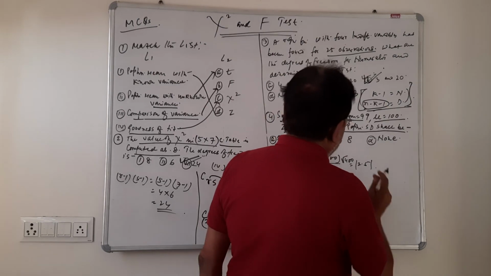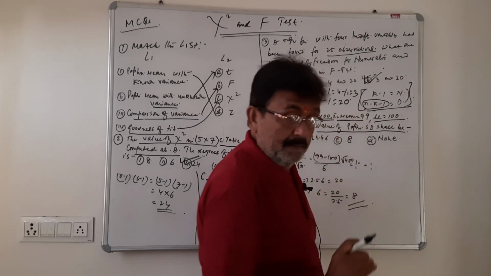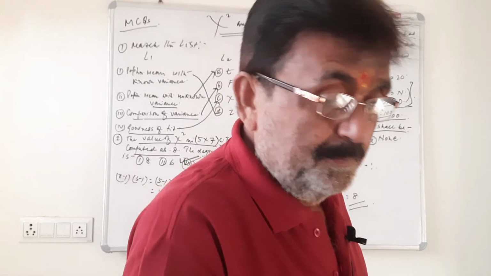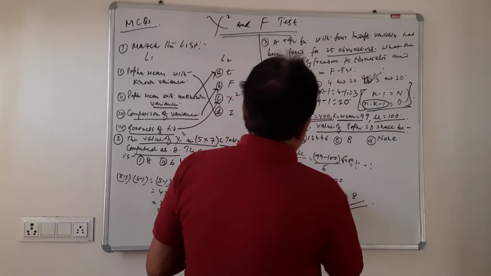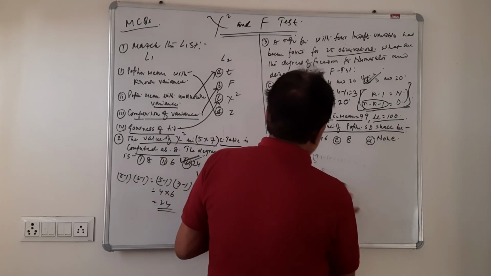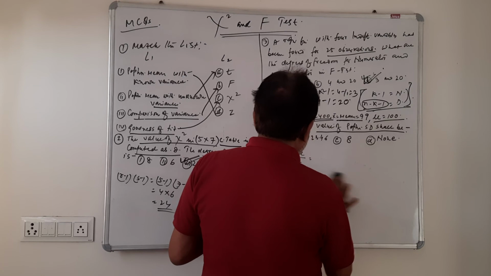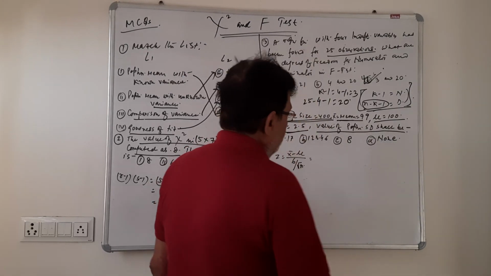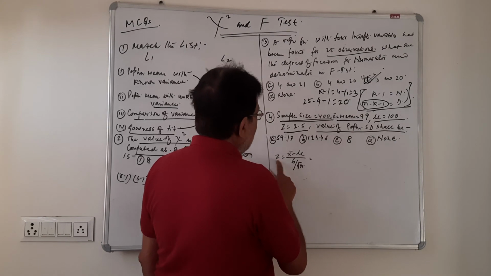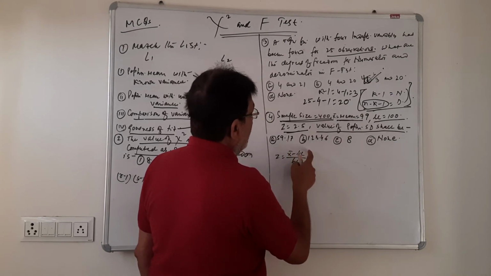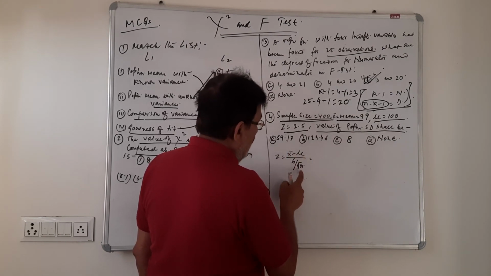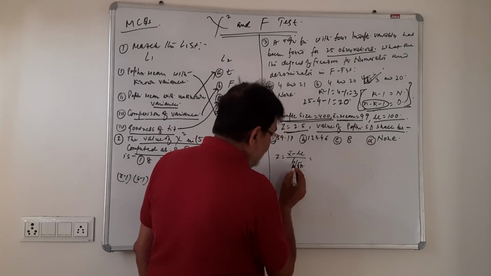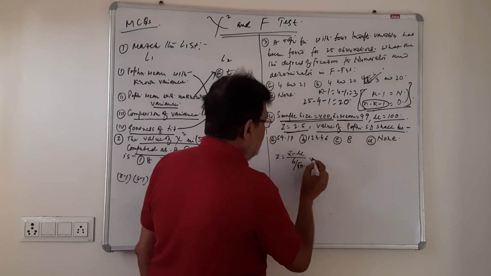Here you must remember that when we conduct a Z test on a single mean, the statistic is Z equals x bar minus mu upon sigma divided by root n. This sigma has to be found out and everything else is given.